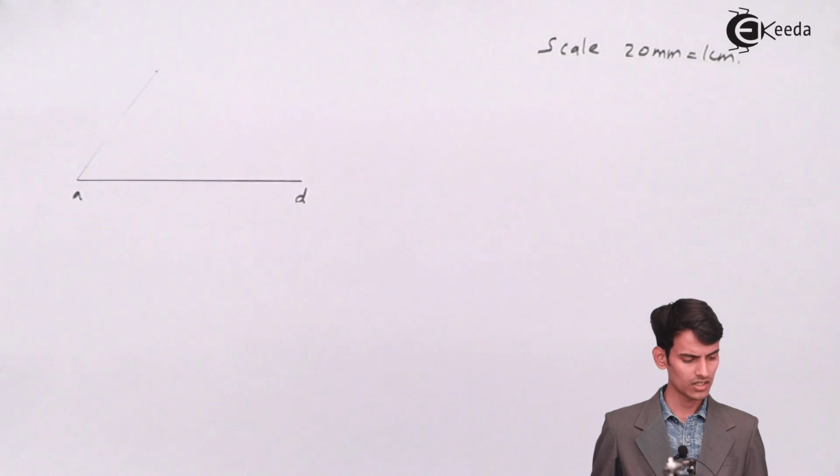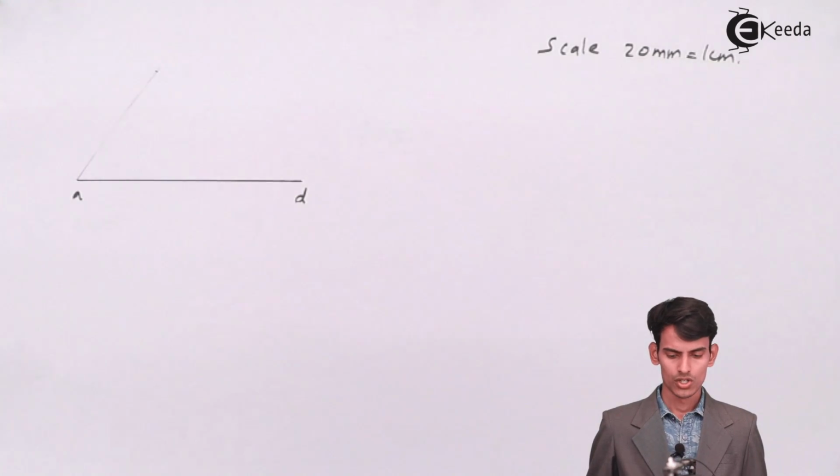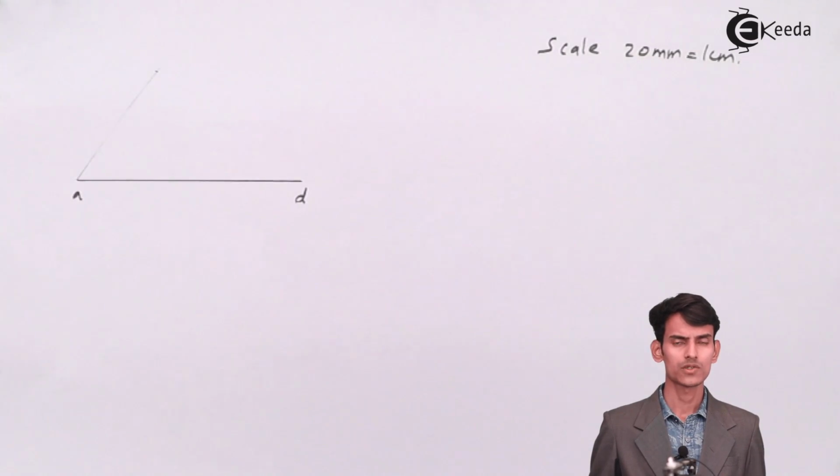Now in the question, the crank is given as 40 mm. I've selected a scale of 20 mm is 1 centimeter, so the crank, which is 40 mm long, comes out to 2 centimeter.